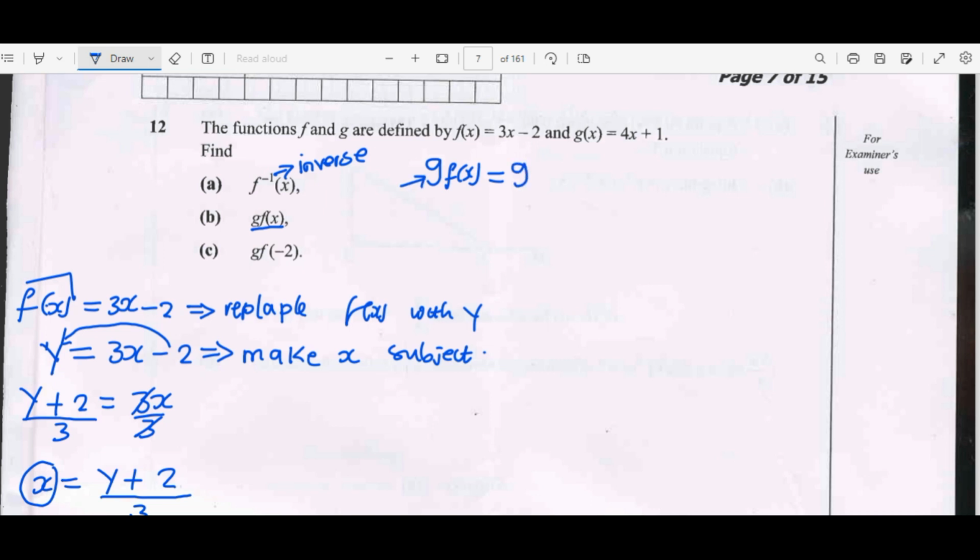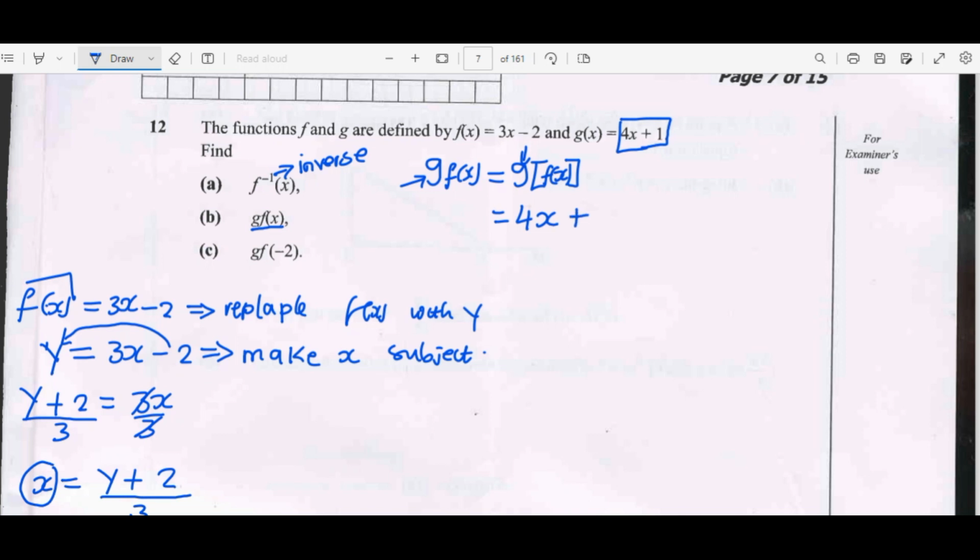So you put your g, then inside here we are going to put our inside function, which is f of x. So this is like a formula. Then after this is done, we are going to write the function for g. So the function for g is 4x plus 1. So this is what you're supposed to write.